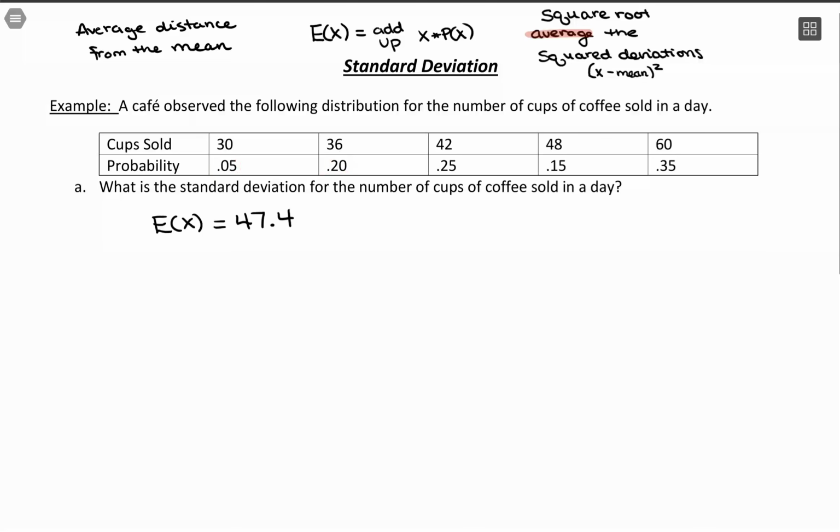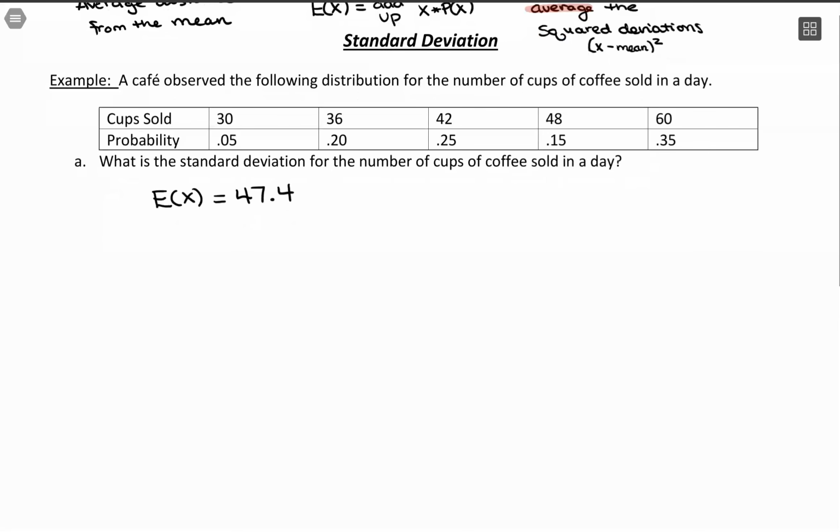So what we want to do is think about our squared deviations. So with our table, we have these x values and their probabilities. So let's think about what it looks like to have our squared deviations. So we want to take each x value minus the mean squared. So our x values are going to come from the table, and then our mean is going to be the expected value.